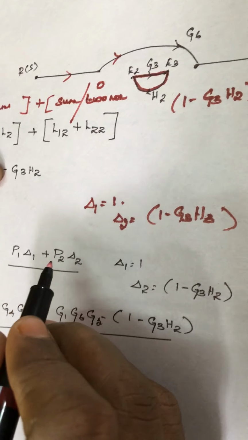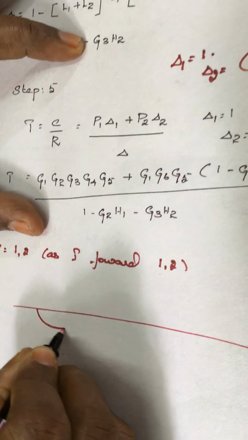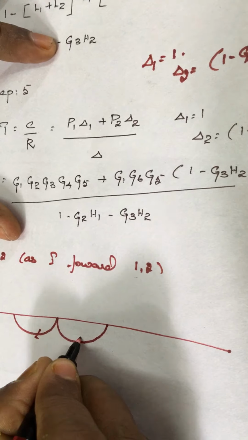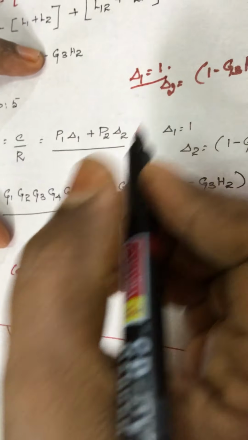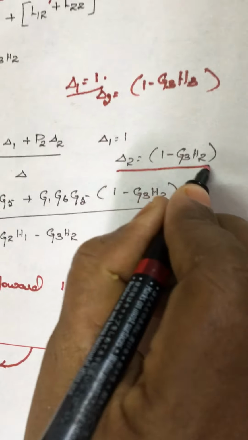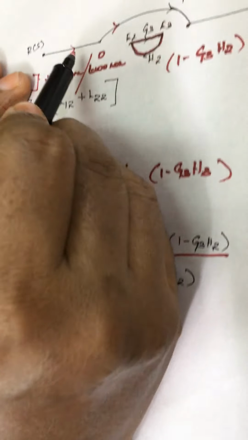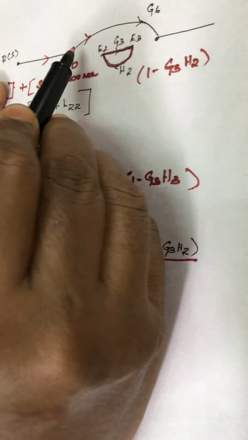And del 1 is equal to 1. In the first forward path, we have two loops and these two loops are touching the first forward path. So I obtain del 1 is equal to 1, and del 2 is equal to 1 minus G3 H2. Coming to the second forward path, this is the loop which doesn't touch the forward path.